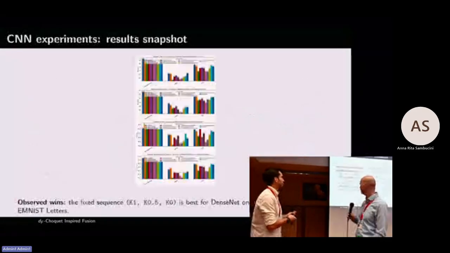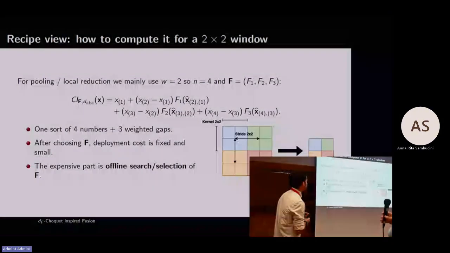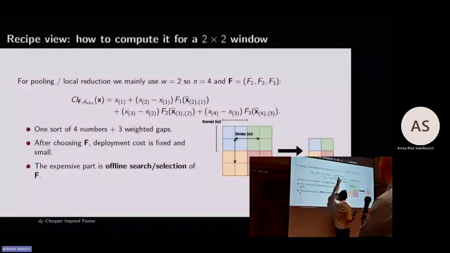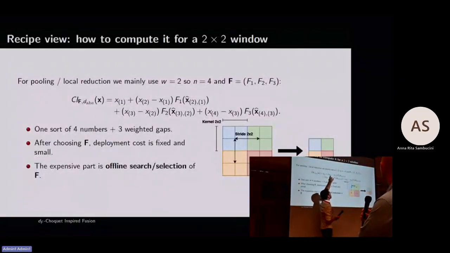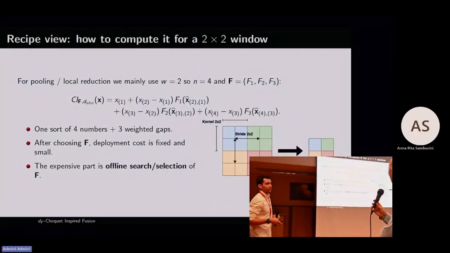For example, for the function of the first gap, that is the gap between the second value and the first value, we compute all values except those ones. For example, F1 was the F1 of X4 and X3.